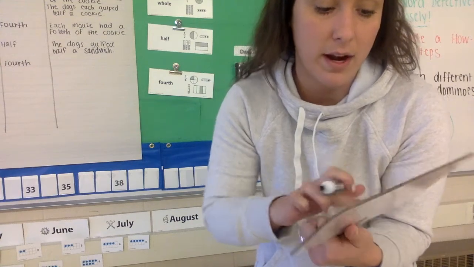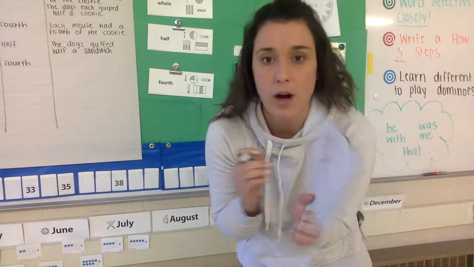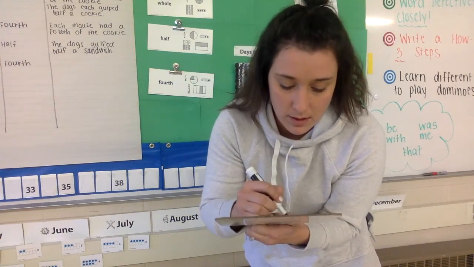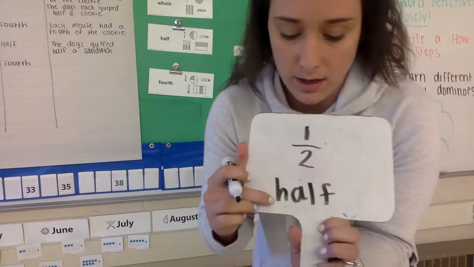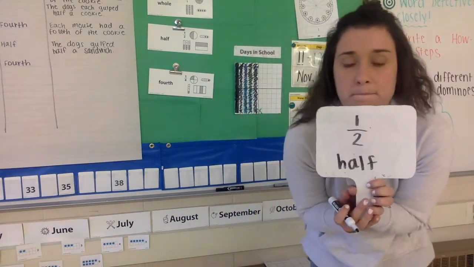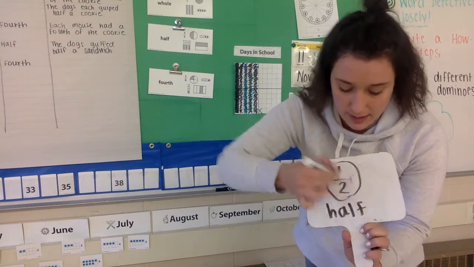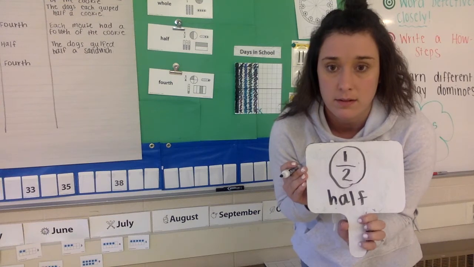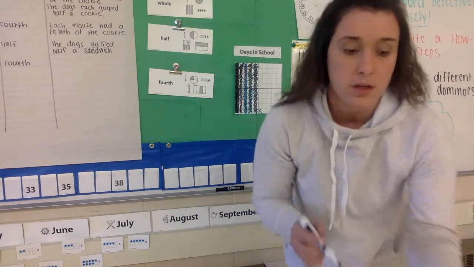So go ahead and write that on your board. And then I want you to write the word half. So it looks like this. Half. Okay, so what does this mean again? What fraction is this? Half. 1/2.